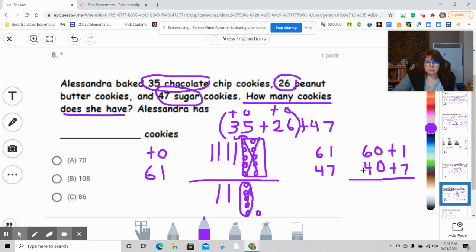Now 60 plus 40 makes 100. And then 1 plus 7 makes 8. So I know that 100 plus 8 will be 108, which is HTO.